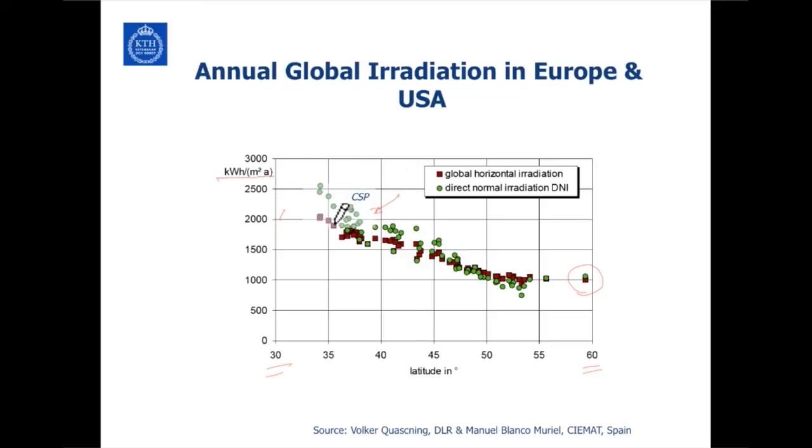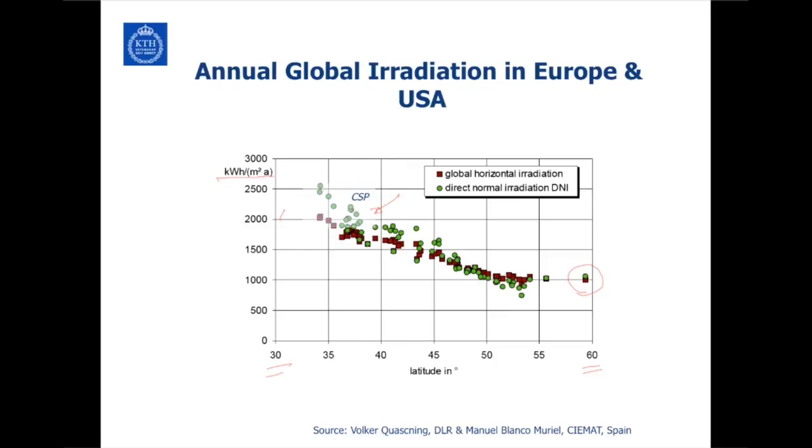This is typically reached in the southwest portion of the United States, in the states of Nevada, California and Arizona, and in fact that region is where most of the concentrated solar power plants are installed.